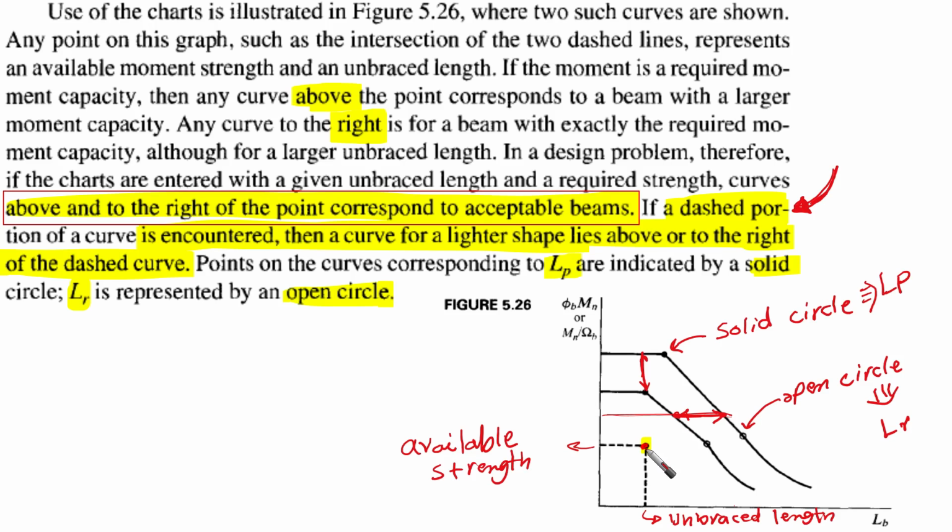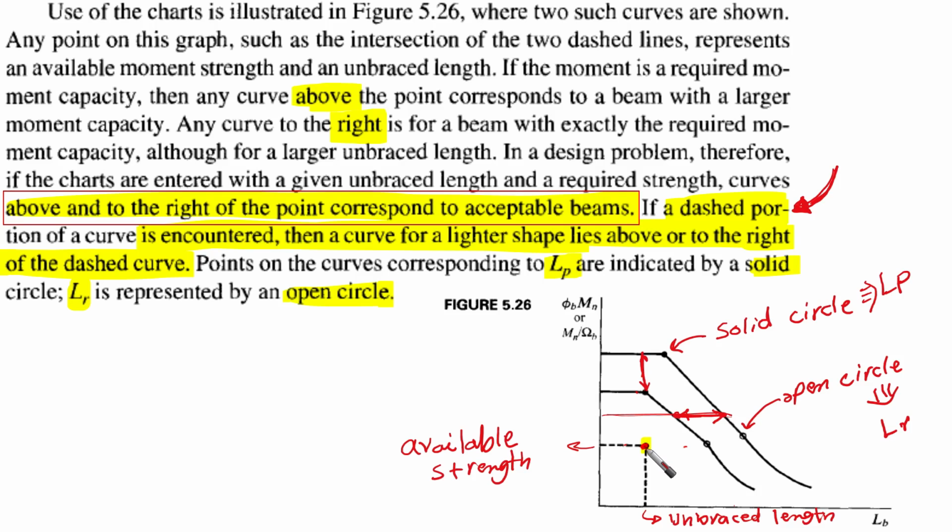You need to choose one cross-section or one curve that satisfies this. Whenever you are looking at this point, you need to look up or to the right. When you go up, the first solid curve, take care of the word solid, that encounters you, you can use it because its nominal strength is going to be higher than the required strength that you need.